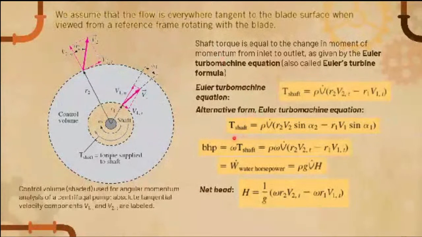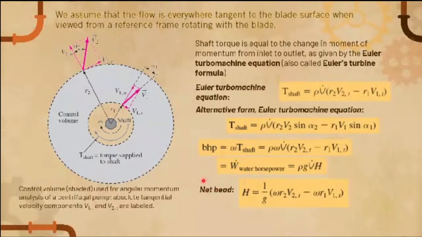And you have the shaft. This is an alternative form of the equation. Then with the torque, you will be able to find out the brake horsepower, with the omega, which is the rotational speed.